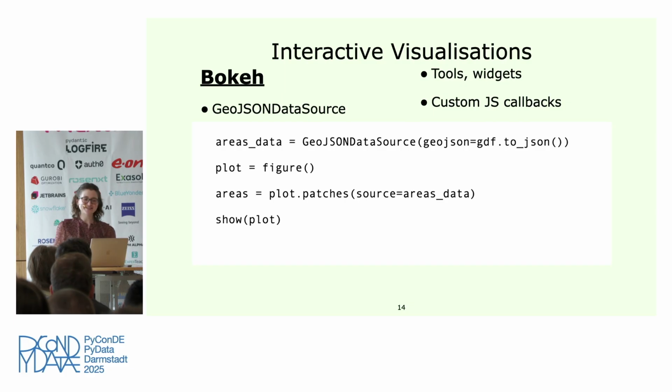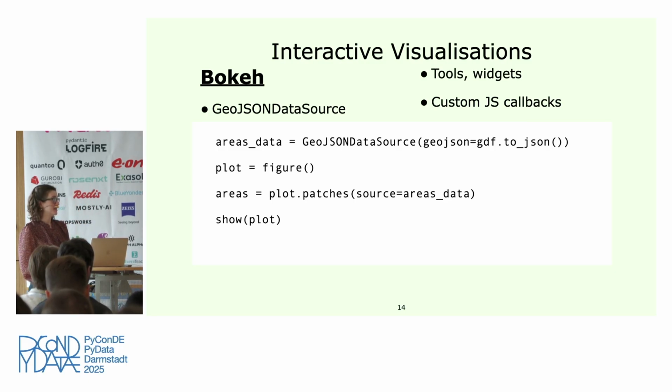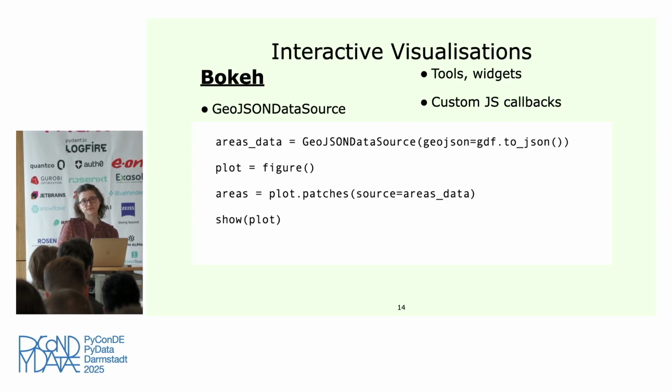So to do this, I use one of my favorite tools for interactive visualizations, Bokeh. Bokeh provides the GeoJSON data source. So you can just create a GeoJSON by calling to JSON on our GeoDataFrame. This outputs a GeoJSON string. And if you haven't worked with Bokeh before, in its simplest form, there's 4 main steps.